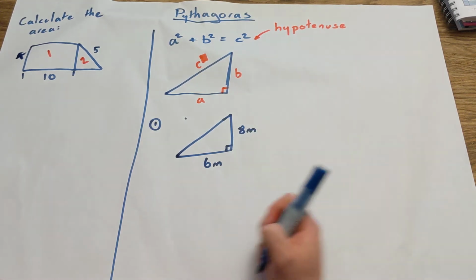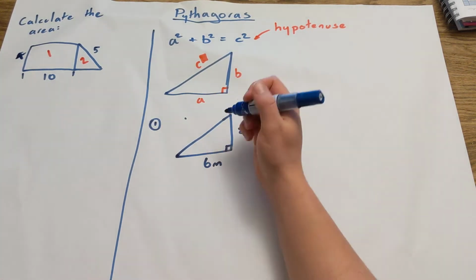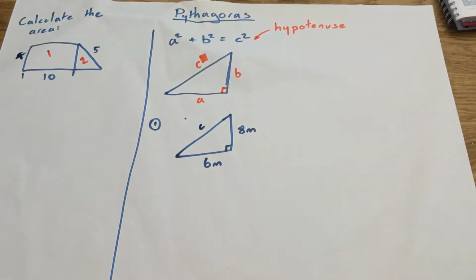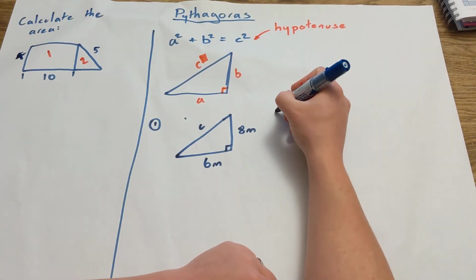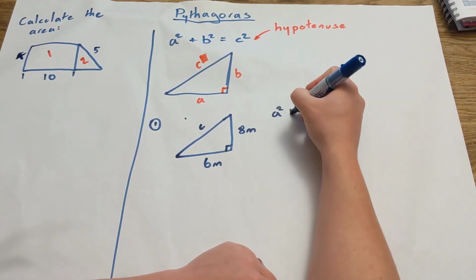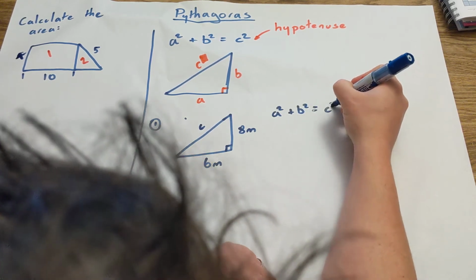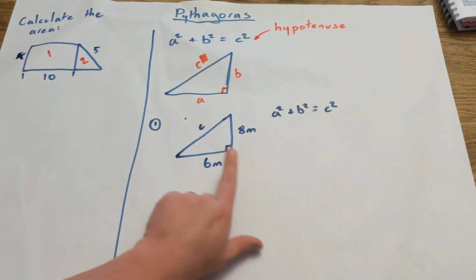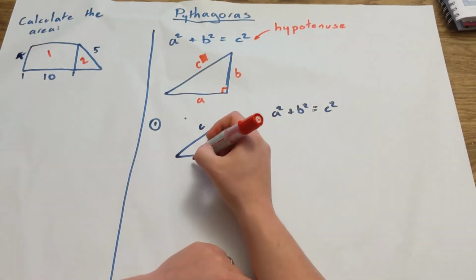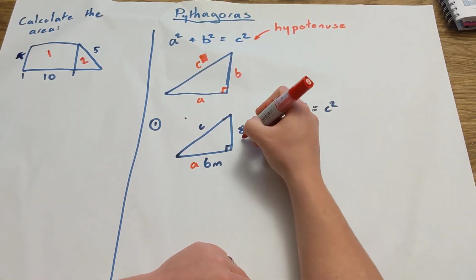It's not drawn to scale, and what we're trying to work out is how long side C is. So our equation is a squared plus b squared equals c squared. It doesn't matter which one of these we pick for a and b, I'm going to call this a and this b.